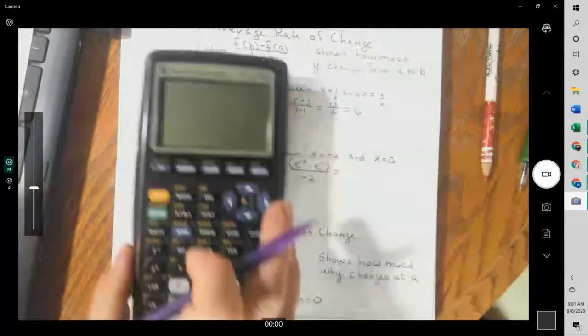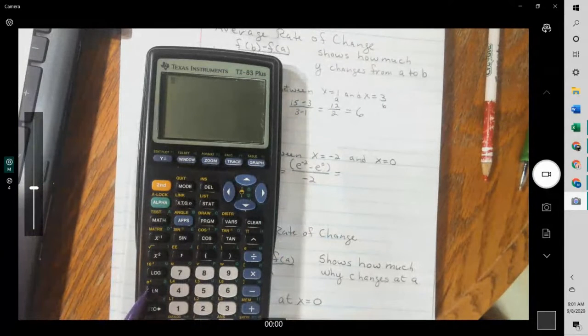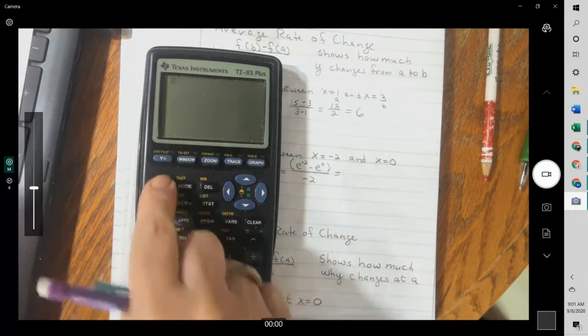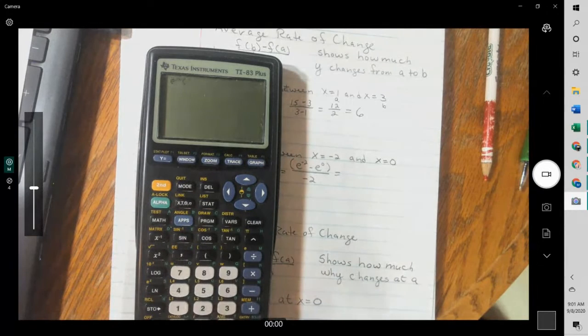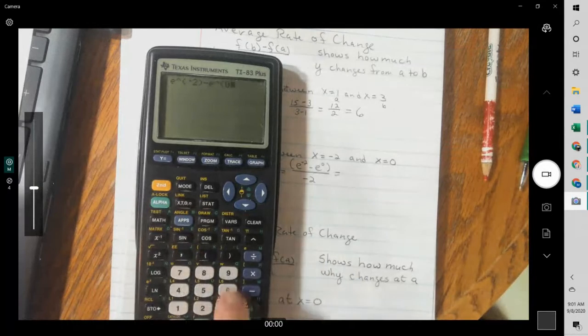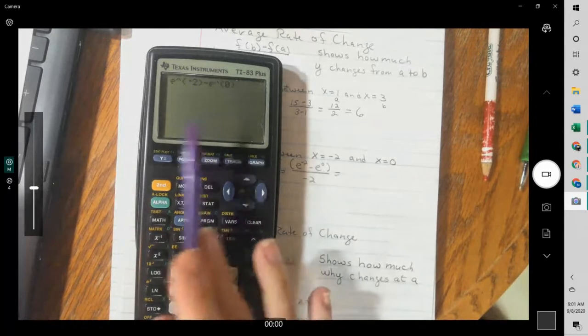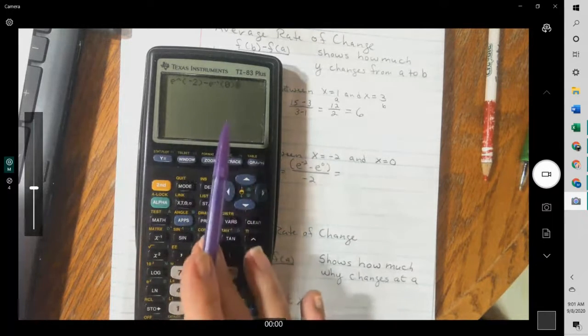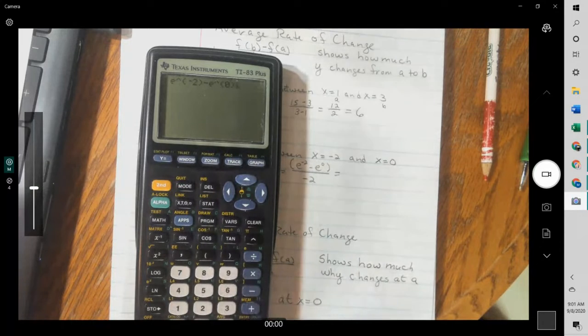The e function is with your ln button here. See the e, it's yellow. So it's second e, negative is here, parentheses, minus e to the 0. Now I didn't put parentheses around the whole top, so I'll put them in.